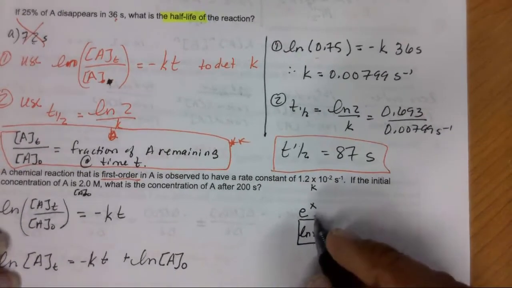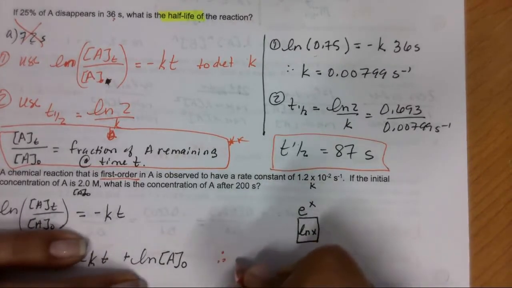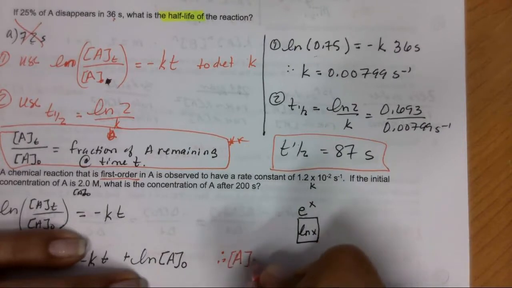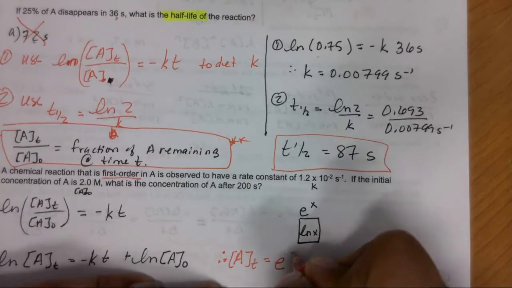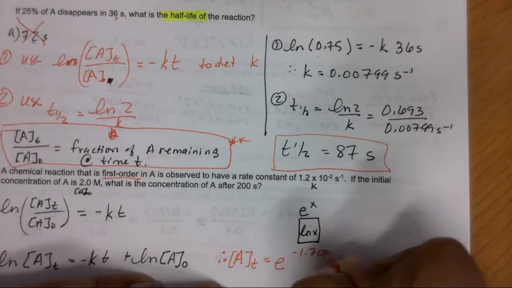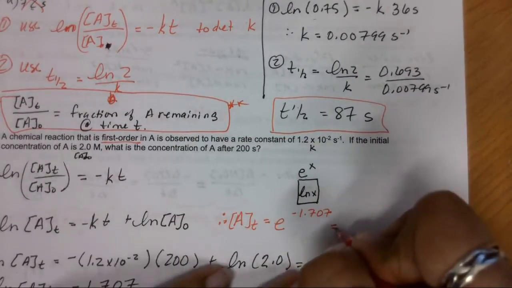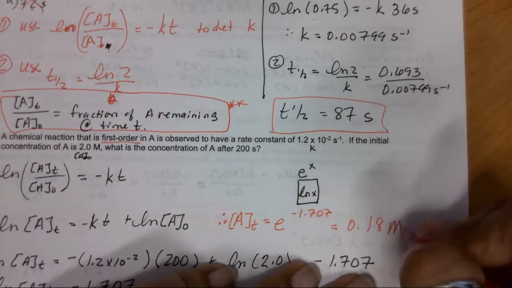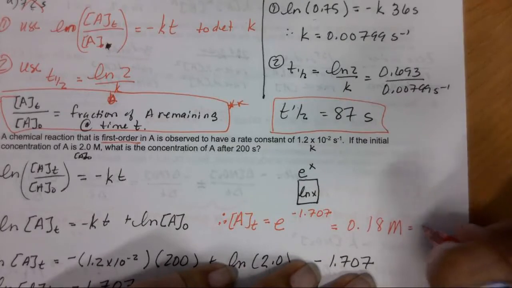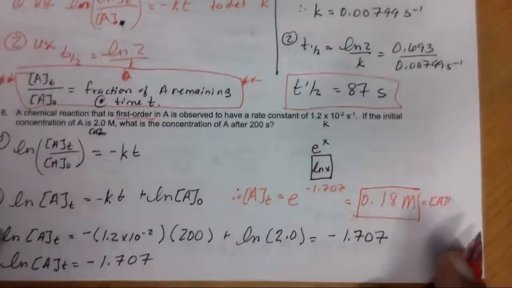So the concentration of A at time t is equal to e raised to the power of negative 1.707. If we punch that into our calculator, it equals 0.18 moles per liter, which is the concentration of A at time t. And this is our answer. That's how you would do that.